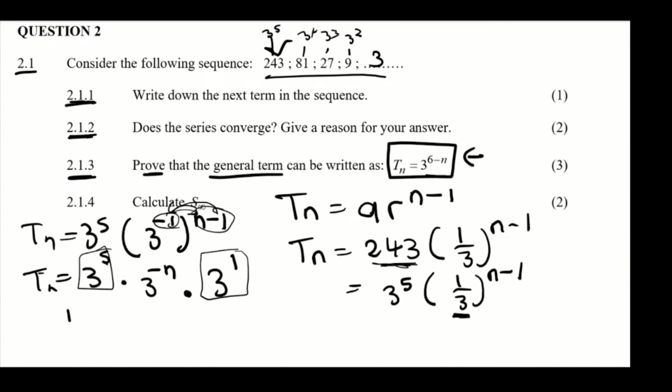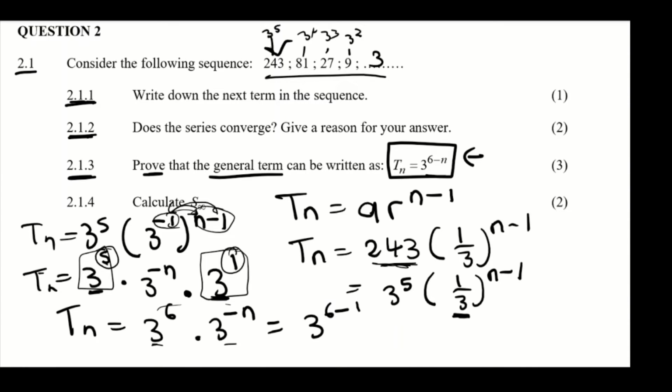They have the same base, 3, but the exponents are 5 and 1 here. So you add both of them. It's going to give you 3 to the power of 6 multiplied by 3 to the power of minus n, right? Then we can simply write this as 3, which is the common base, and then we add the exponents, so it's going to be 6 minus n. So this Tn is now the same as this one here.